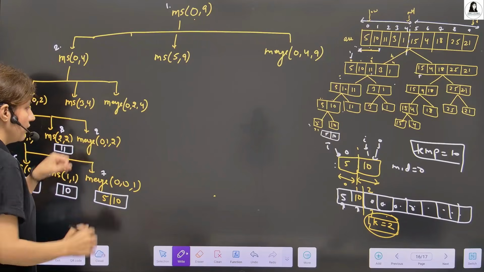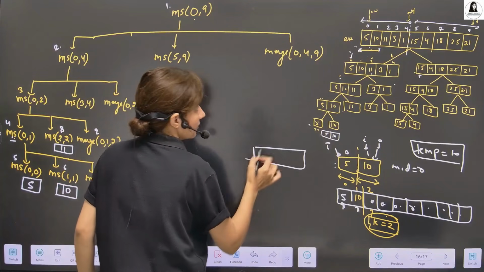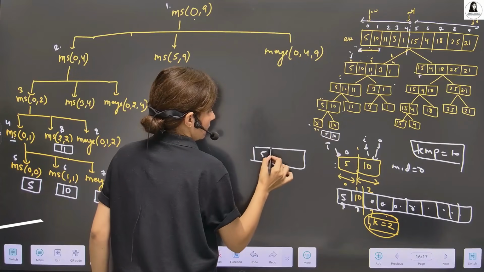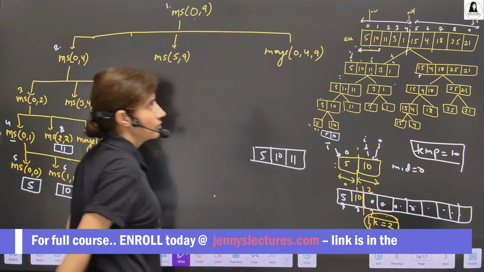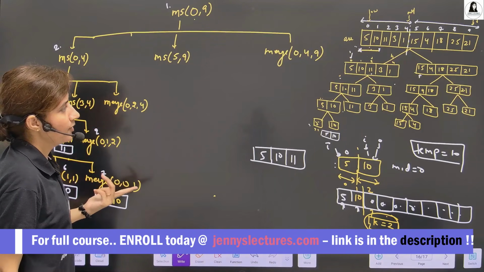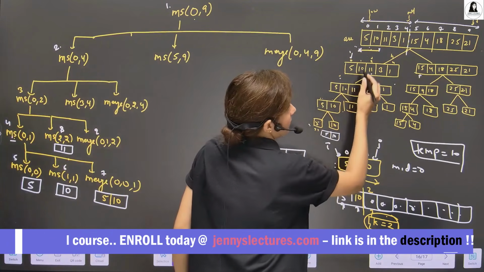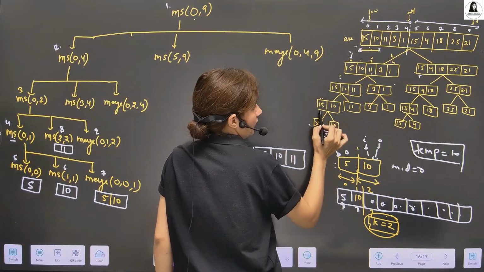Now what do we merge here? 0, 1, 2. So this 5, 10, 11, you need to merge. Although these are already in sorted order, you can change it a little bit if you want. Let's suppose here I have 15. So here you will have 15, 15, 15 and 15.